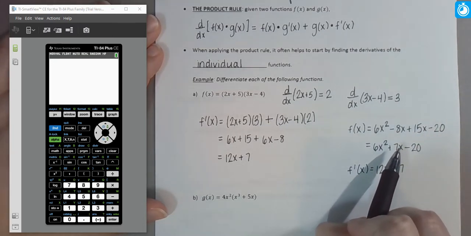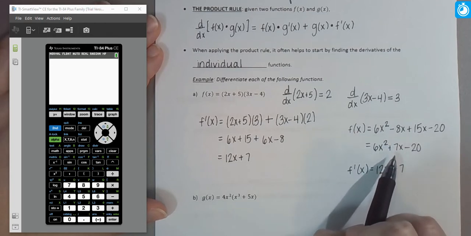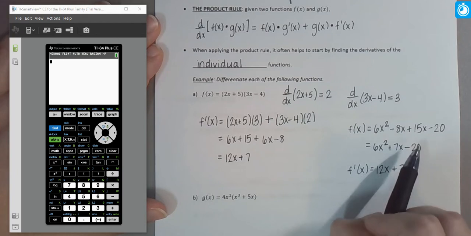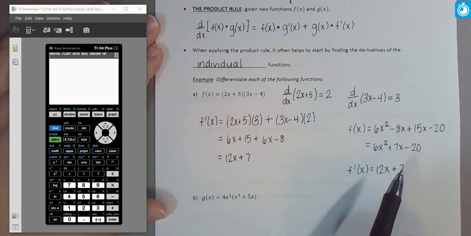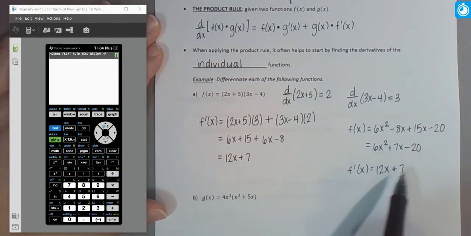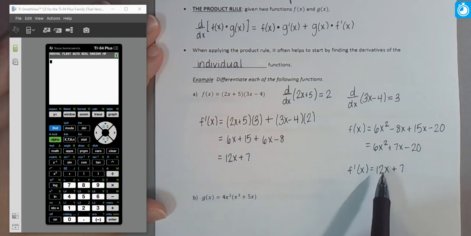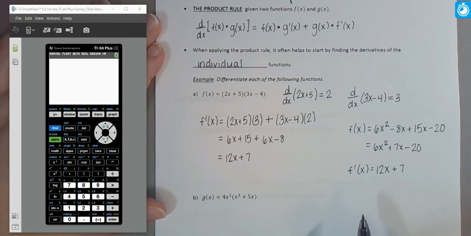Decrease the exponent on x by 1, which takes us to x to the 0, which eliminates the x. And then when we differentiate the constant, we know we get a derivative of 0. So this is going to be our derivative. Notice it matches exactly what we got with the product rule. If we approach a problem using two different strategies, of course, we should get the same answer. So in this case, it does make sense that the derivative has the same value.